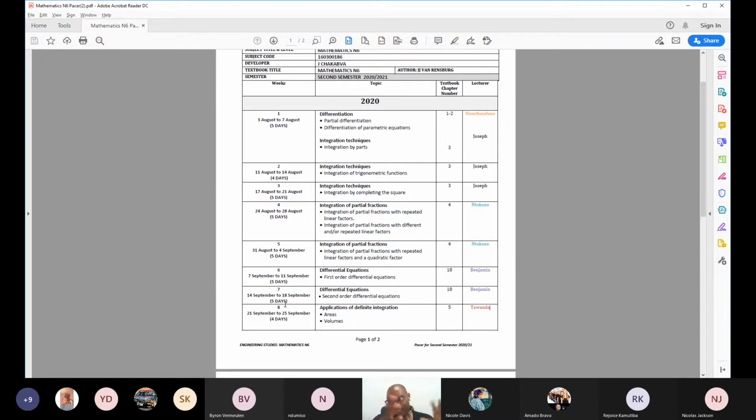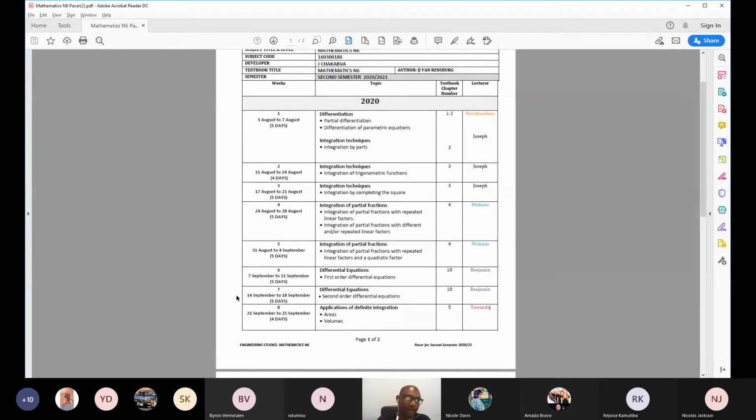Other ones are 12%, 18%, 12%, 16%, 6%, 8%. So it's quite long. This is the first page I'm showing you. It shows differentiation, integration, partial fractions, differential equations. Module 1 is differentiation, module 2 is integration, module 3 is partial fractions, module 4 is differential equations.